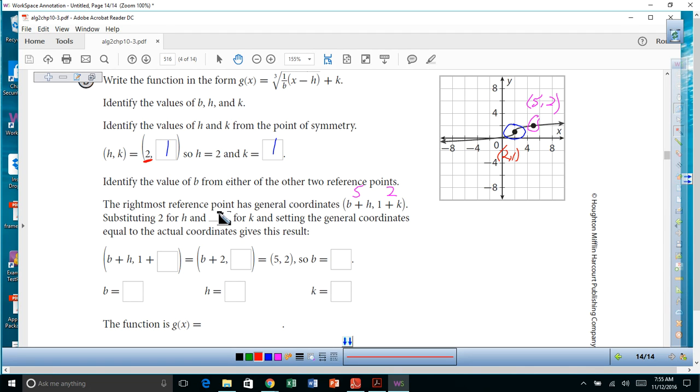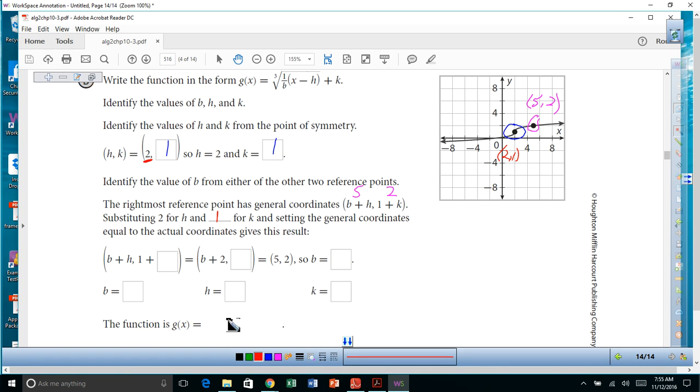And 1 for k, and setting the general coordinates equal to the actual coordinates gives this result. So b plus h, and what does b equal?